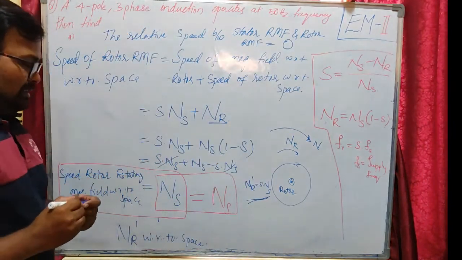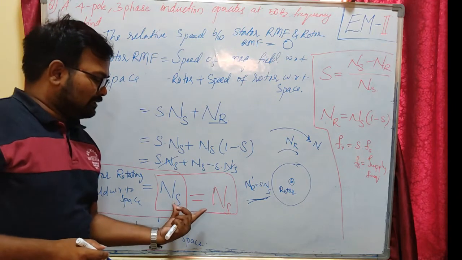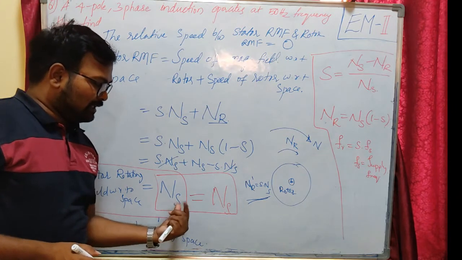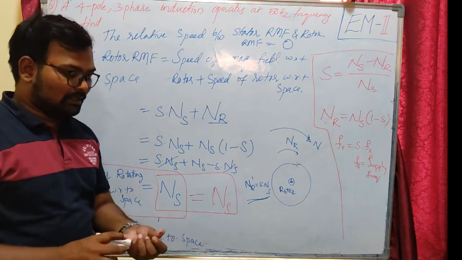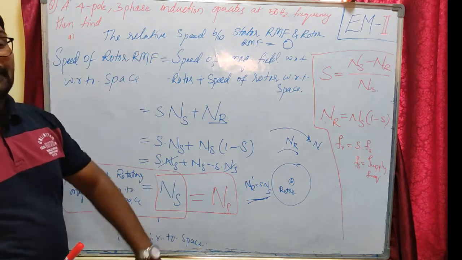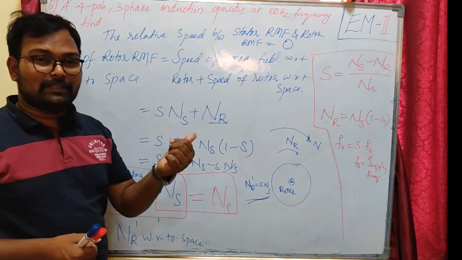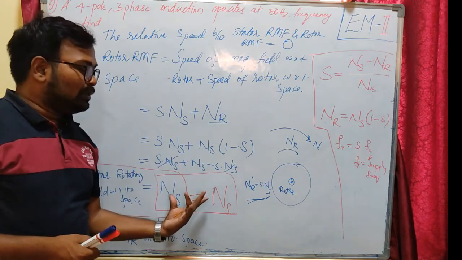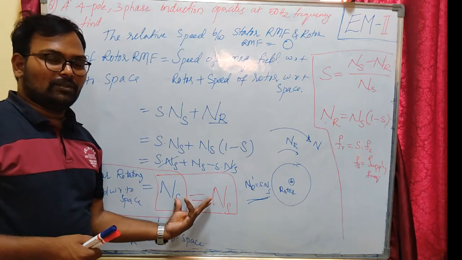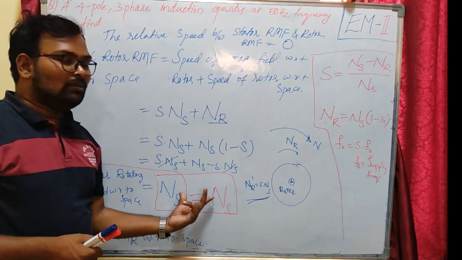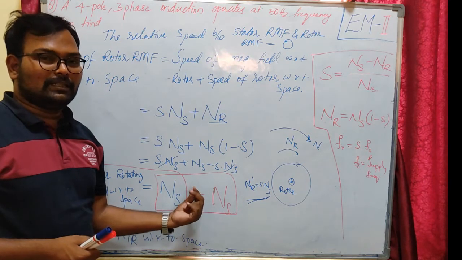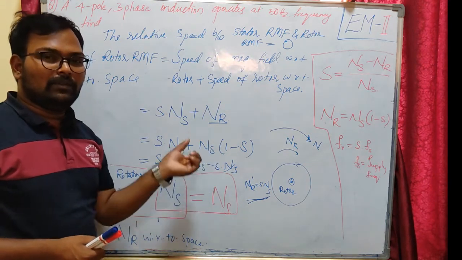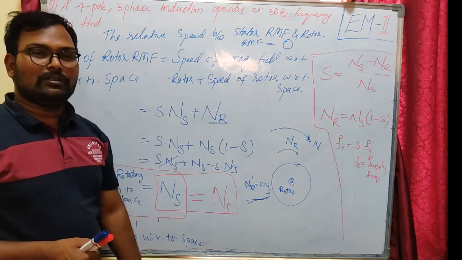Relative speed means speed difference. If you subtract Ns minus Ns, the speed difference will be 0. That means the relative speed between stator magnetic field and rotor magnetic field is 0, because they both rotate at a speed that is equal to synchronous speed. These two magnetic fields superimpose on each other and they rotate in the air gap with synchronous speed.